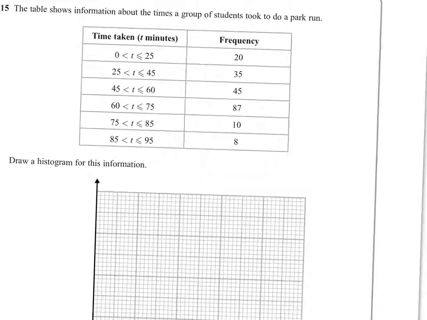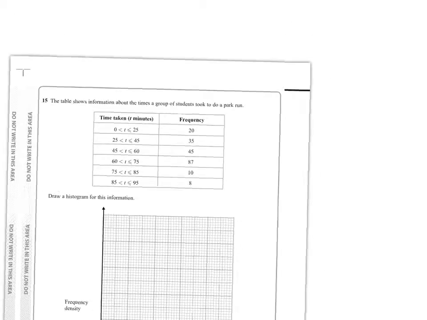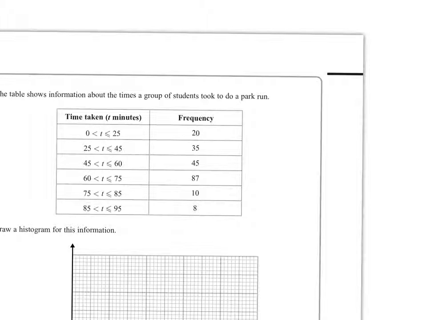So the calculation you would do on your calculator is 20 divided by the class interval, which is 25, which is 0.8. On your table, you can write FD for frequency density, put the calculation, and then write in brackets 0.8.